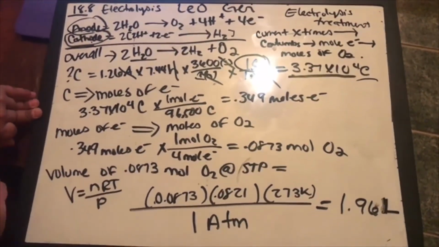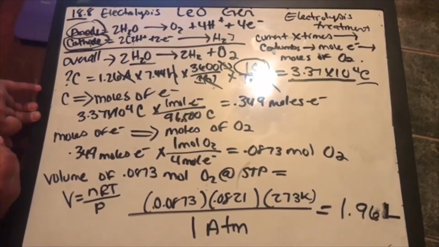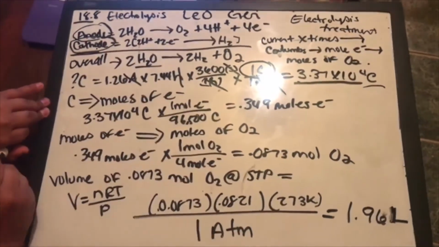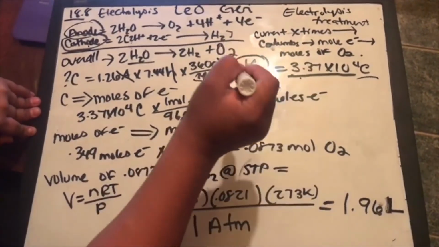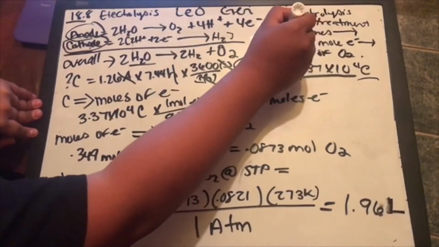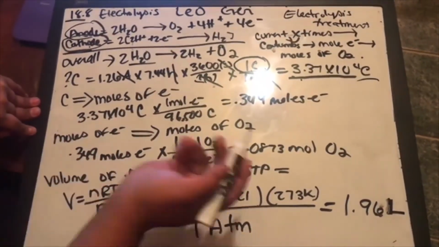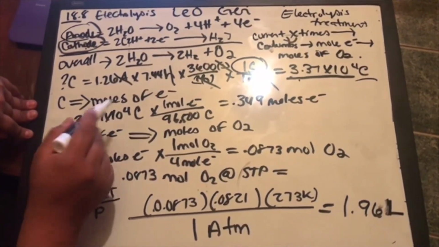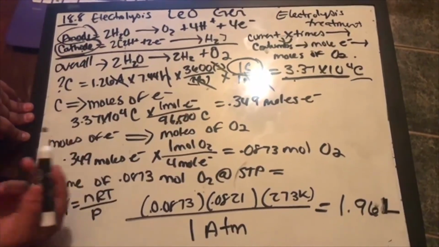So our next step here is to go from coulombs to the moles of electrons. We are in this step right here. So we have to use the 3.37 times 10 to the fourth coulombs times 1 mole of electrons, because that's what we're looking for.